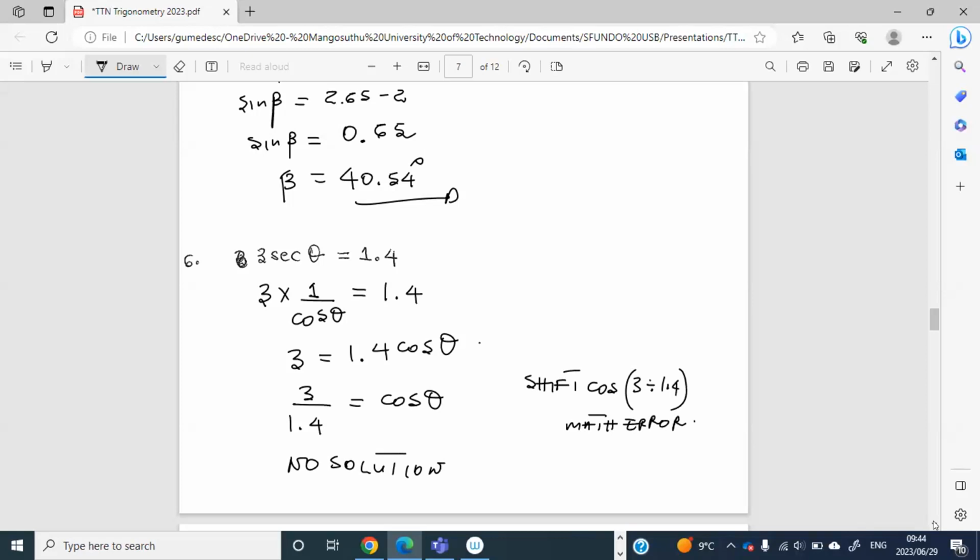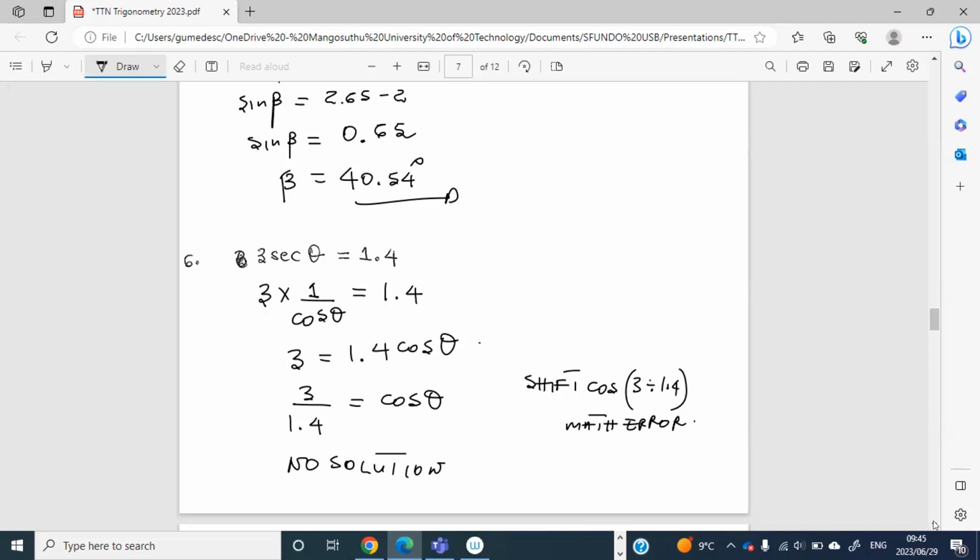So just to recap, if you see sec or cosec or cot, if you see one of those reciprocals, it is better to just change sec to be 1 over cos theta, because you know it is easy for you to deal with cos in your calculators. So it's 1 over cos theta, and multiply by cos both sides, we got 3 equal to 1,4 cos theta.